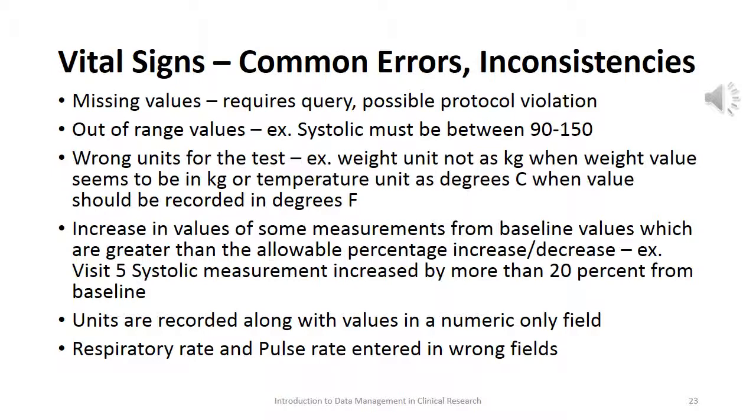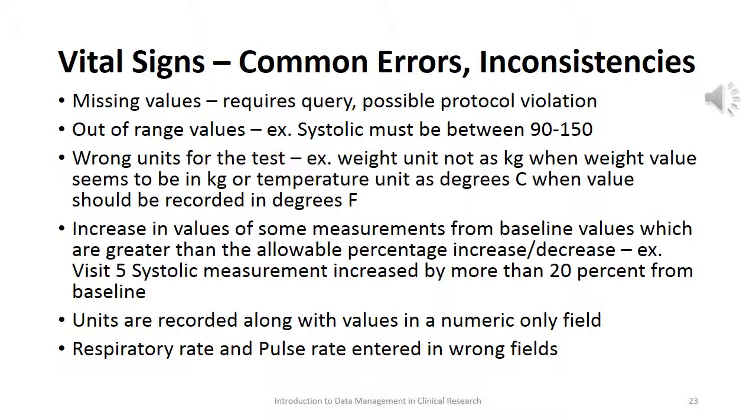So anything outside of that range, we might want to ask a question about, might want to query about. We sometimes see wrong units of measure. We see this a lot for taking temperature or measuring weight, whether it's in degrees Celsius or Fahrenheit, or kilograms versus pounds. We see that quite frequently.